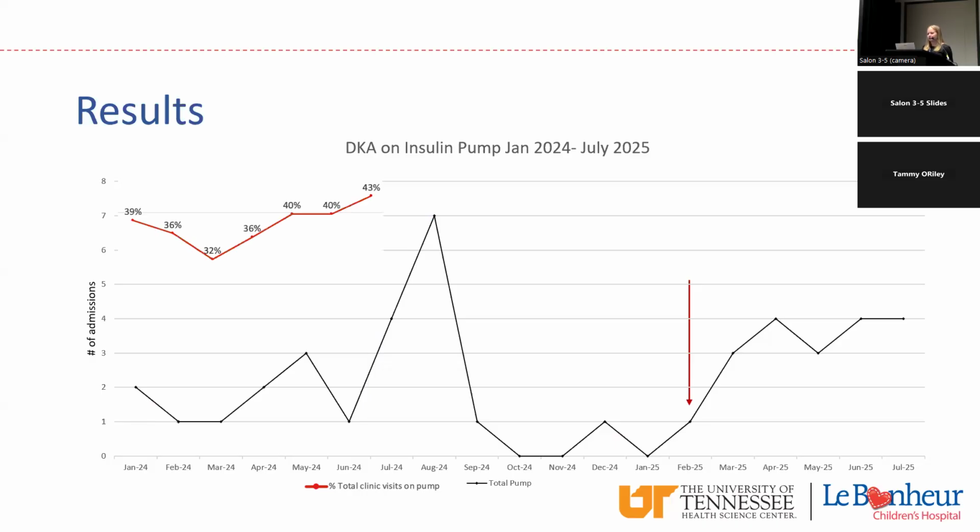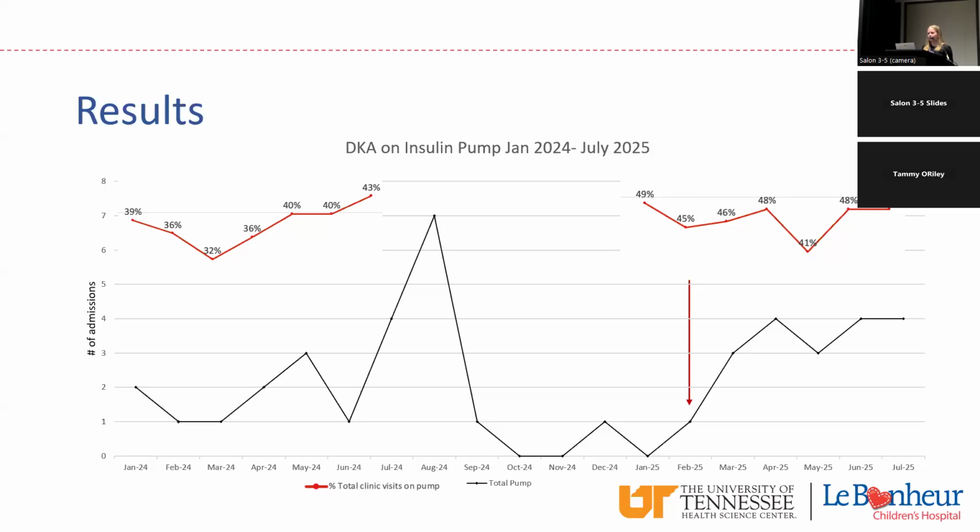This red line shows the percent of our type 1 diabetics on insulin pumps from January 2024 to June of 2024, and you can see that number peaks at 43%. When we look at the same time period for 2025, the number of patients on insulin pumps peaks at 49%. So we think that may be confounding some of our data.